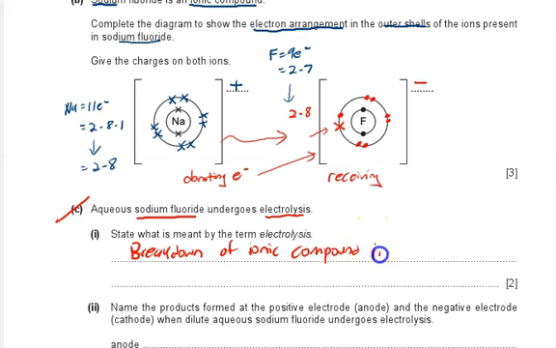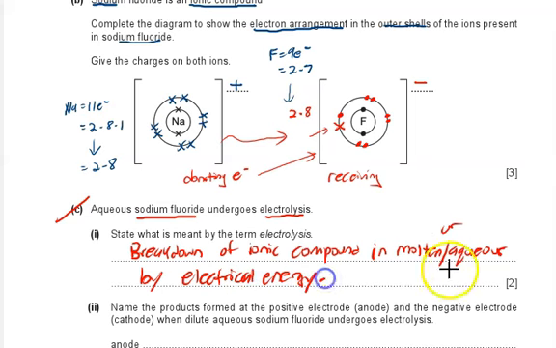Make sure you write here in molten form or in aqueous form. You can put it here, by electrical energy. Okay, by electrical energy or electricity, depending on you. So this is the meaning of electrolysis.